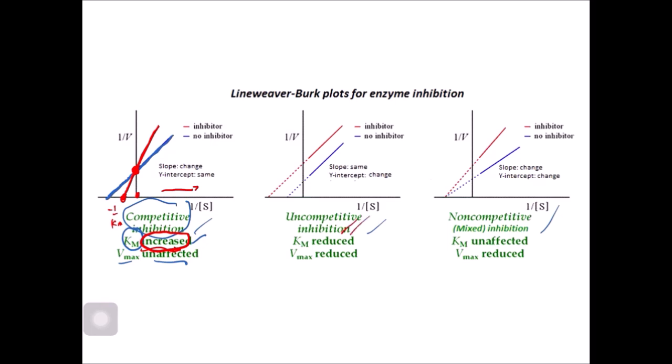Then, pag uncompetitive naman, Km is reduced. So, Km is reduced and Vmax is reduced. So, that means, kung reduced ang Km, kung maliit siya sa Michaelis-Menten, lalaki siya pag Lineweaver-Burk kasi reciprocal kabaliktaran, di ba?